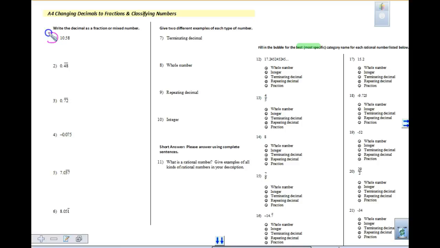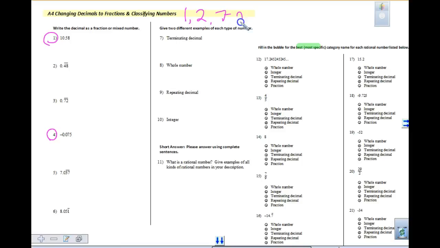You are only doing number 1, number 4. These are terminating decimals, right? You're going to do all of this column, 7 to 21. We're going to do all of those, okay?